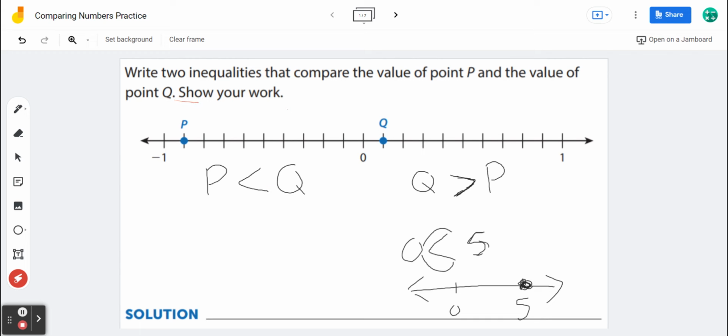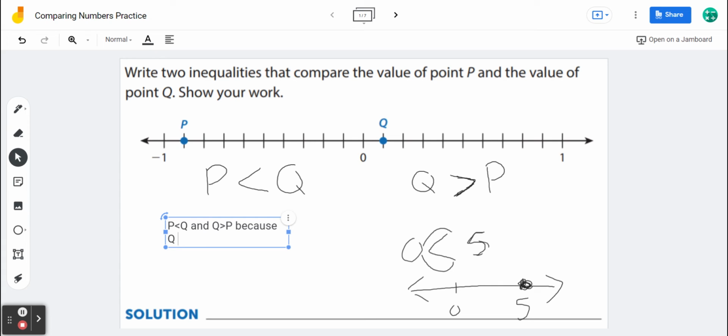Show your work. There's really no way to show work here, so why don't we explain? P is less than Q and Q is greater than P. So I just copied the same things that I have here already, just typed them out.